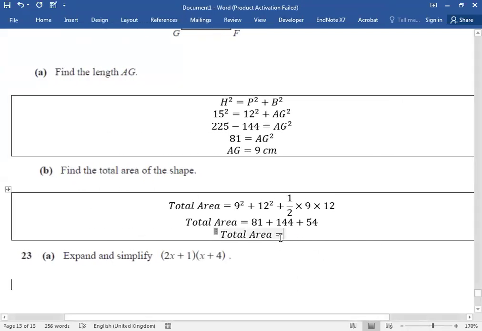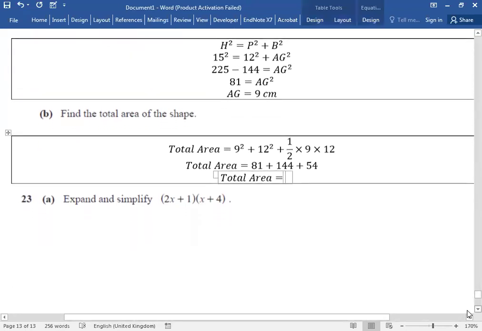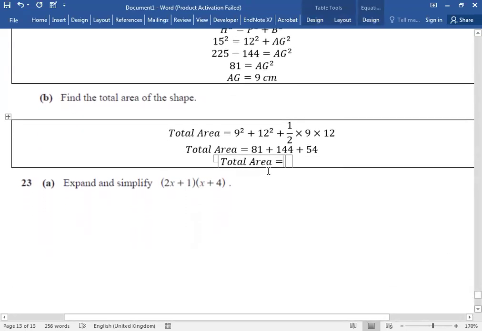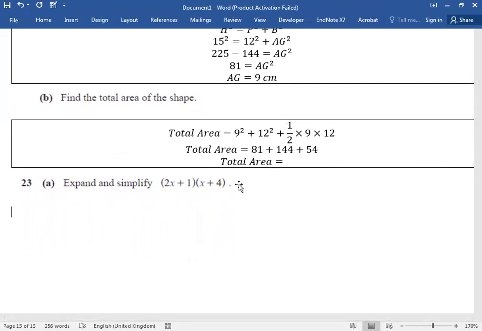Two more pages left, do it quickly, well done. What is the total area?